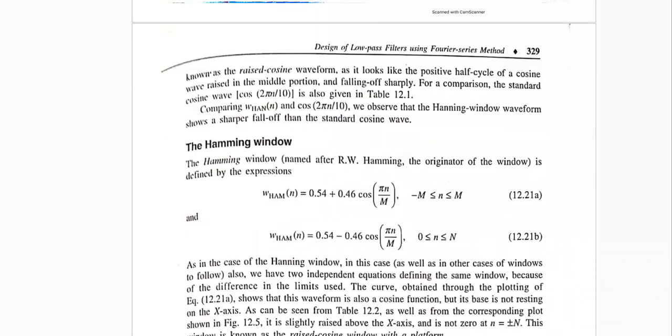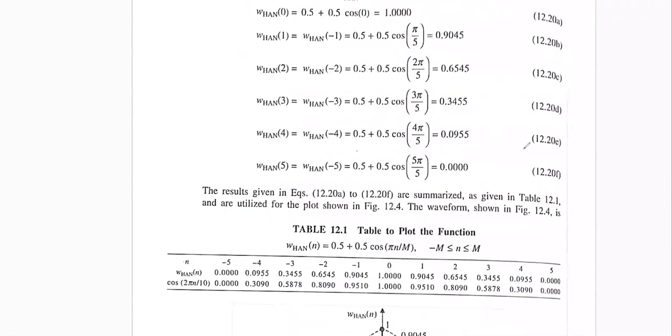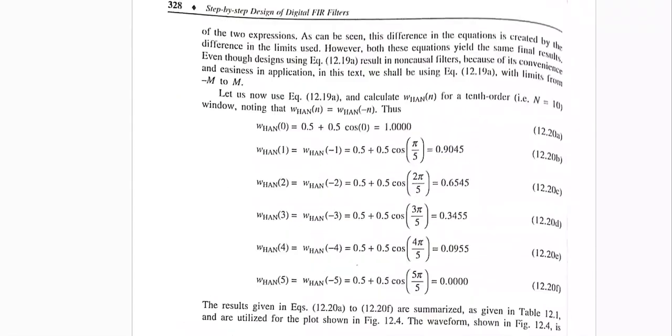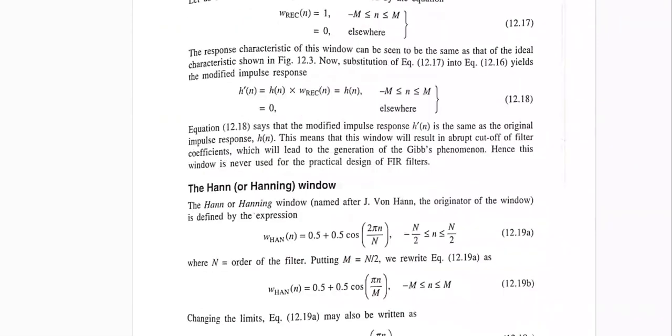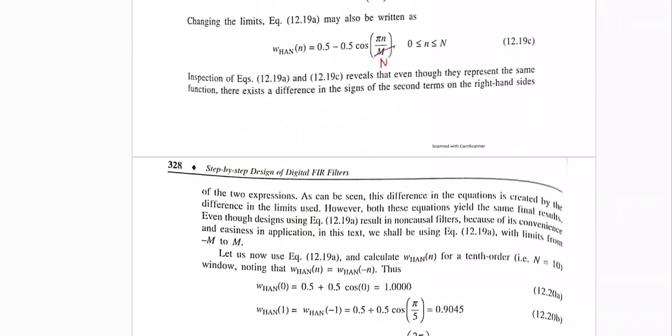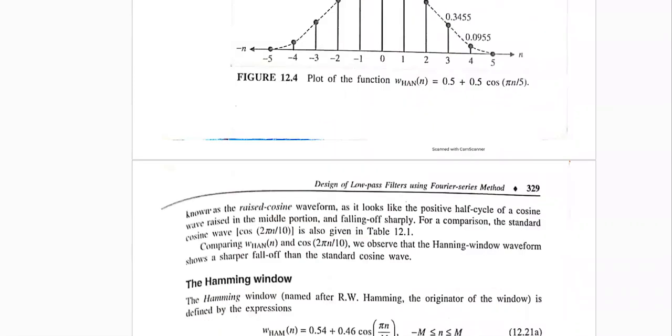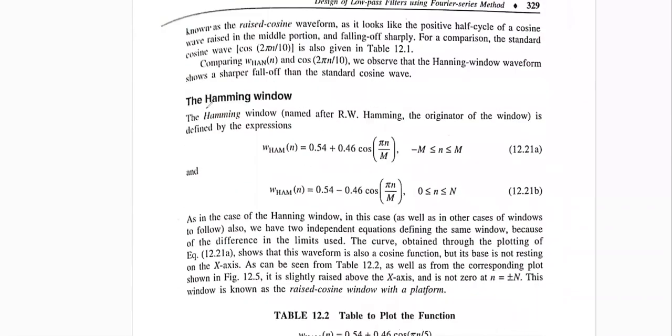Now, this is known as which kind of window? This is the Hanning window. There is another window called the Hamming window. What is the Hamming window?